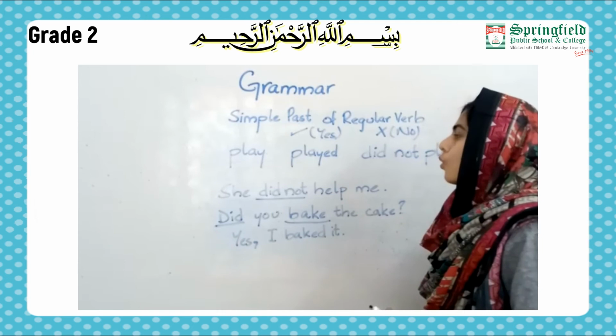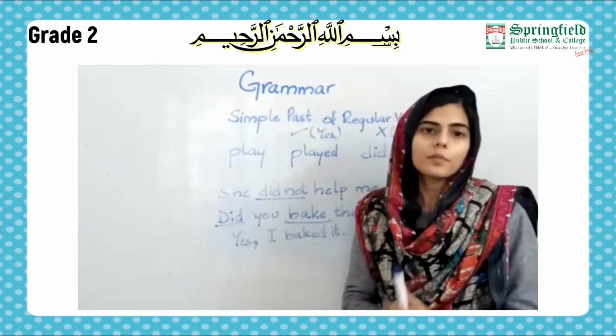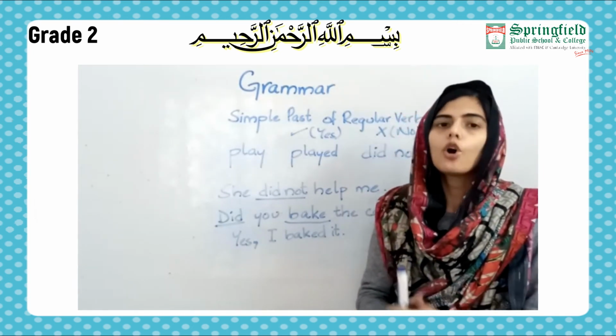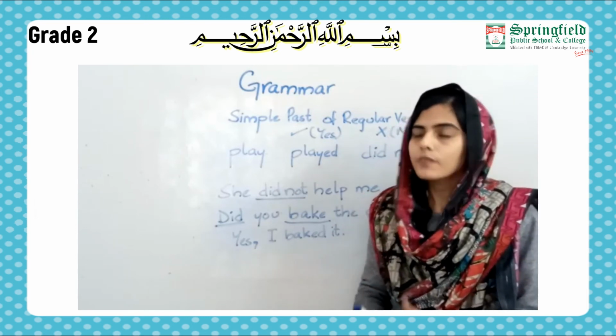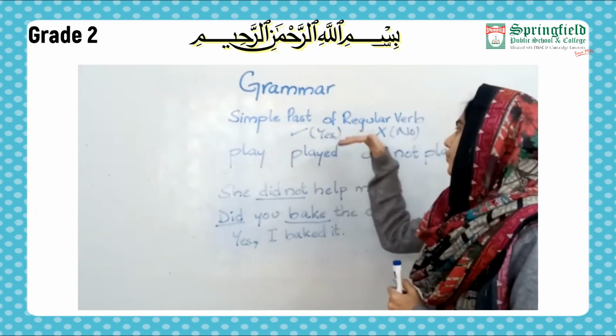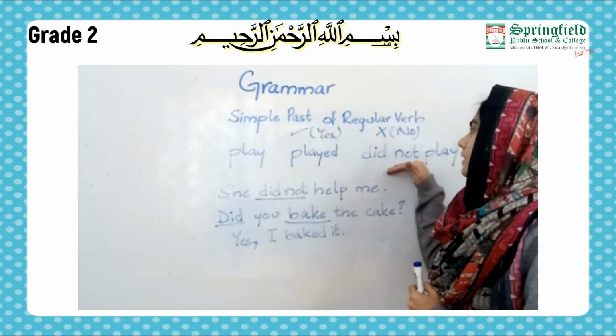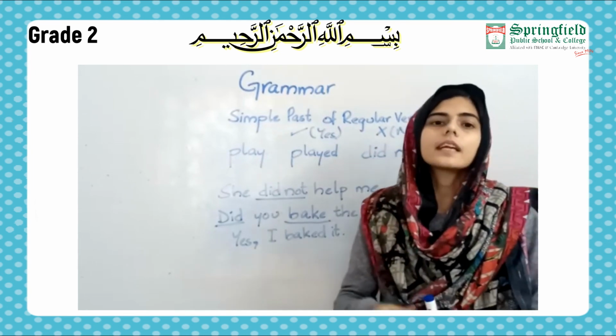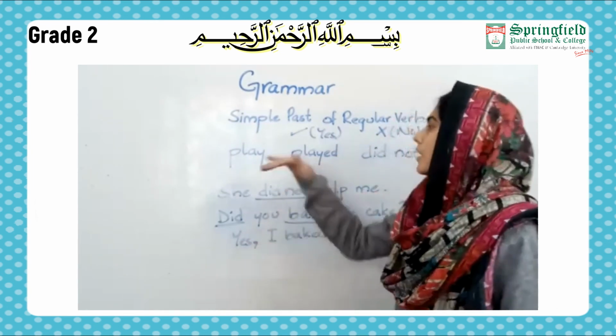So students, I hope this concept of the negative form is clear to you. You always have to remember this, that for the negative of the verbs, we simply add did not. We can take any verb, lived, did not live.